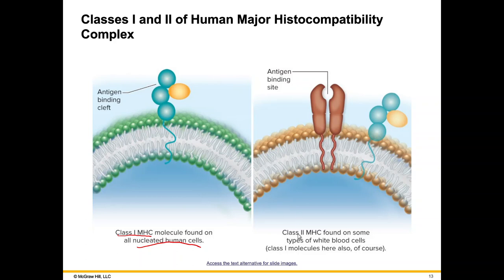In our class 2 MHC, those are going to be found on some types of white blood cells. Of course, there's also the type 1 because we said they're found on all cells except red cells, but these specific cells, such as the white blood cells, will have this additional class 2 MHC complex marker found in its plasma membrane.